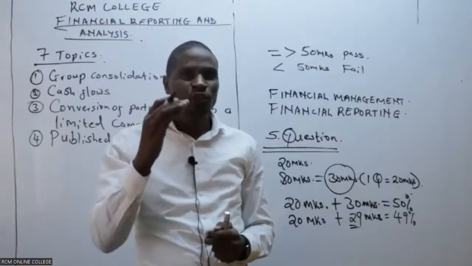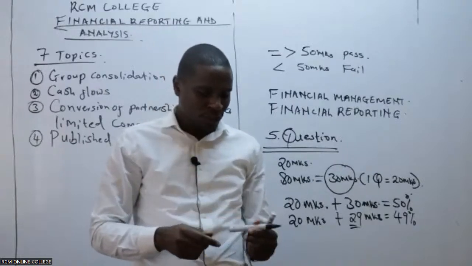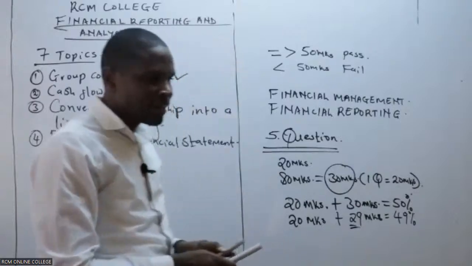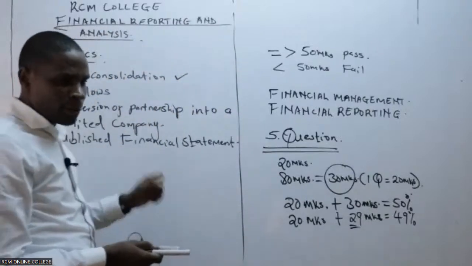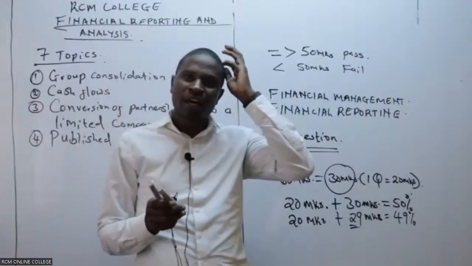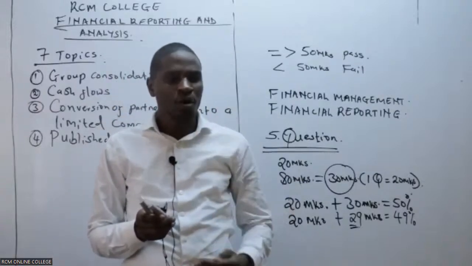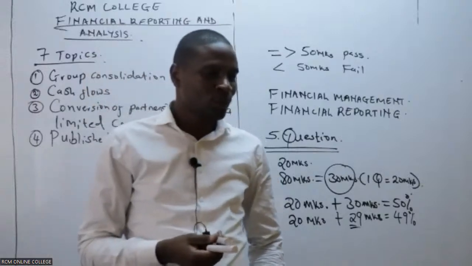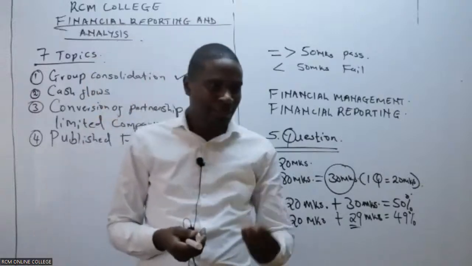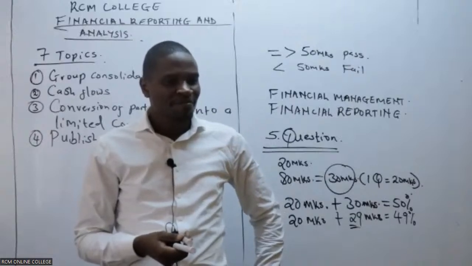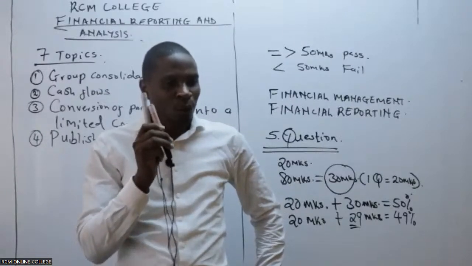Published financial statements are guided by which standard? Which standard governs how to prepare this? Once you know these things, you will be on the safer side, because the standard guides you on how you should do it. James says IAS 1.